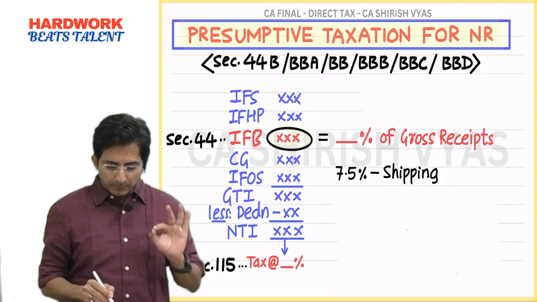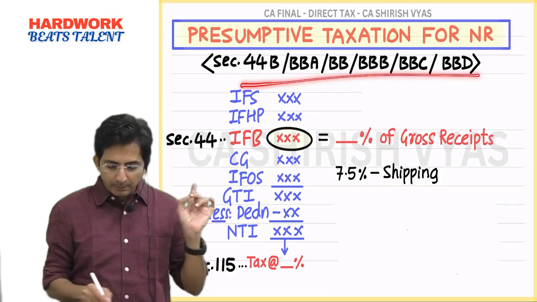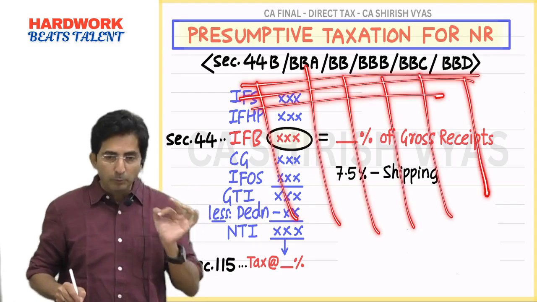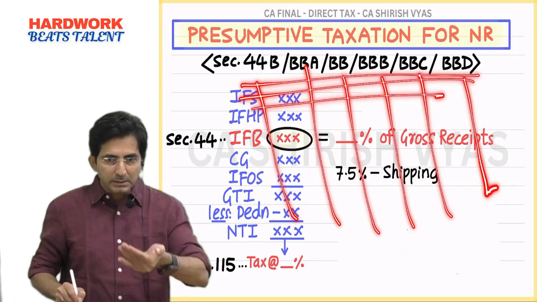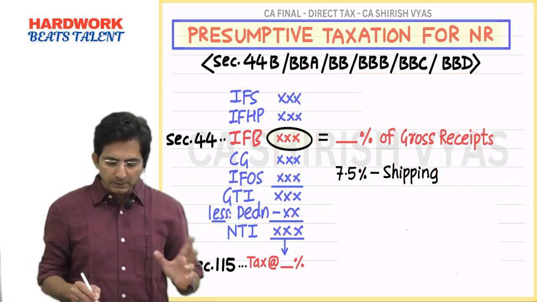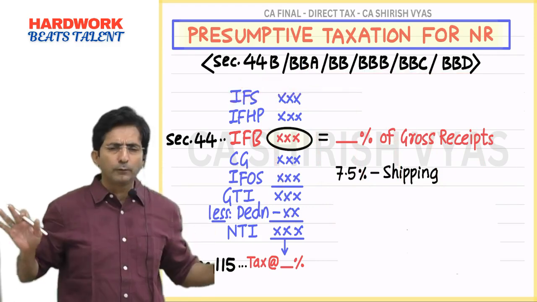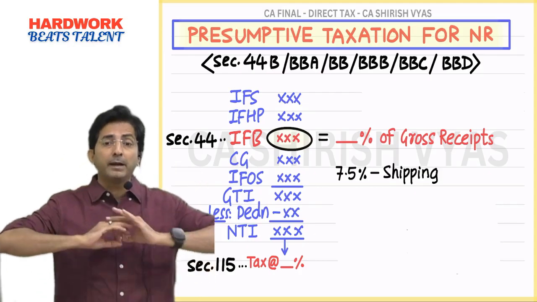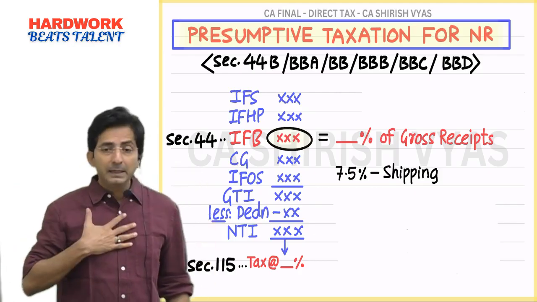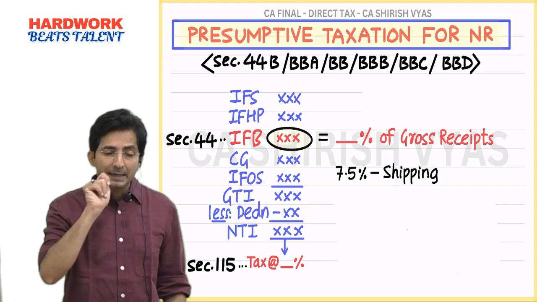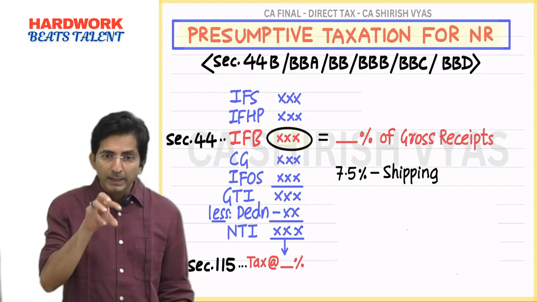So see, same logic applies in all 6 sections. Now what will be the change? Business type will change, percentage will change. But if someone says, sir, what is the logic behind all 44s for NR? The logic is simple. Their business is spread worldwide. But India cannot tax the world profit. India can tax only profits of Indian operation.